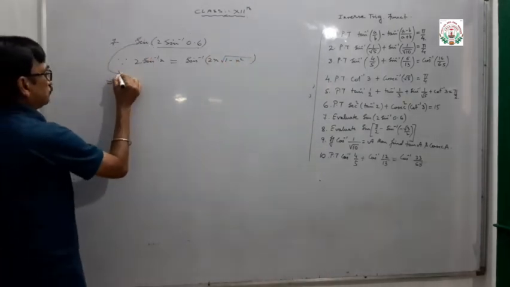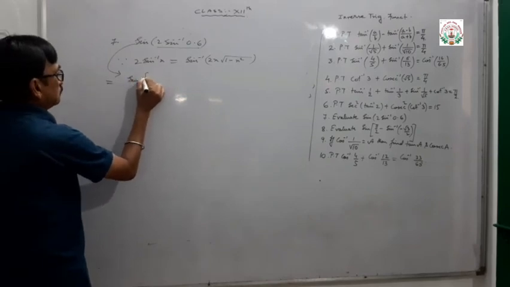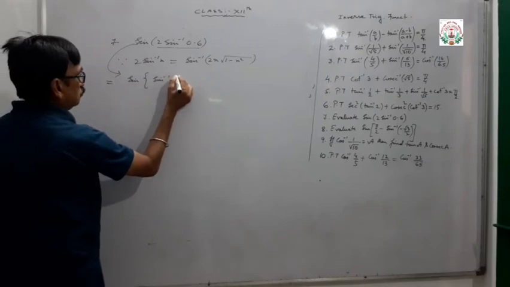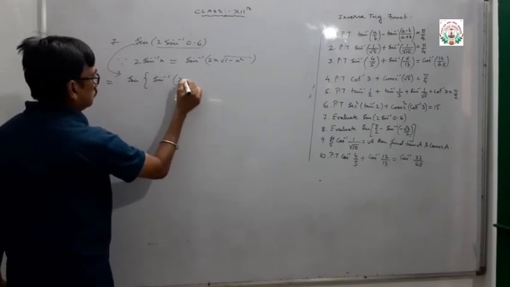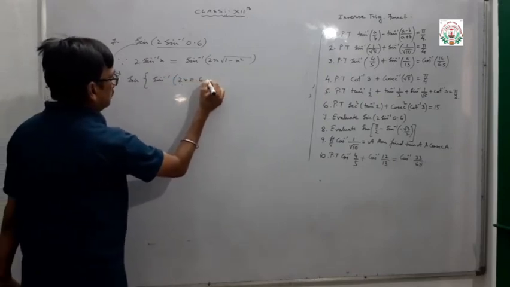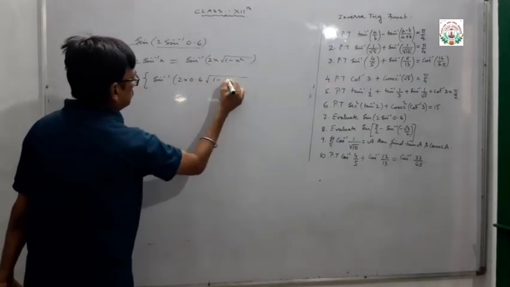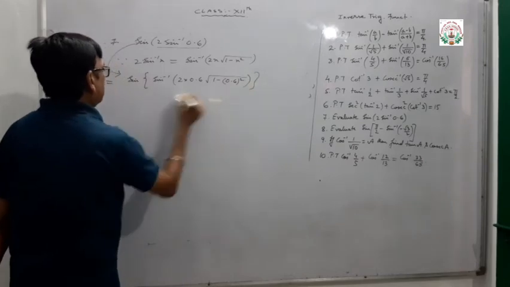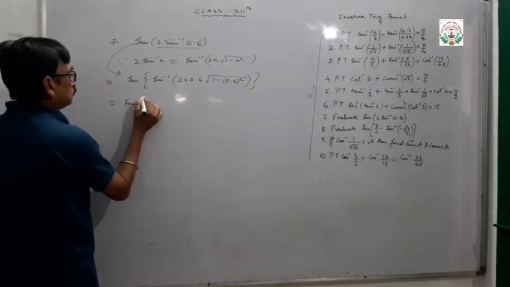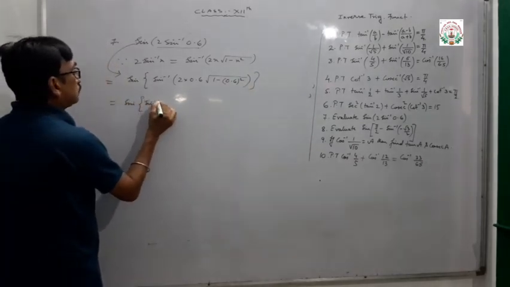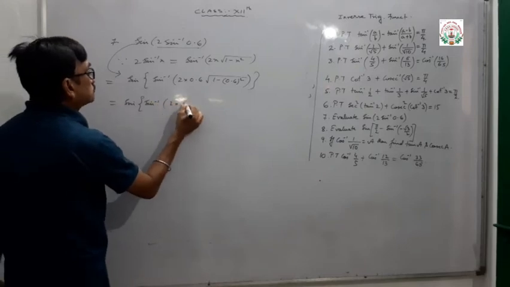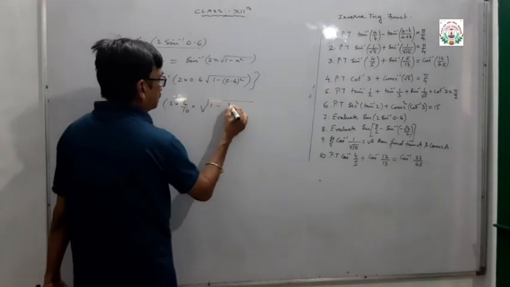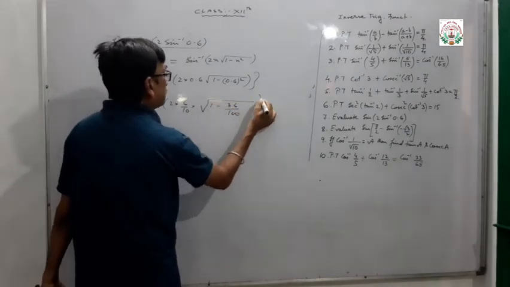So what we are writing: sine 2 sine inverse x, sine inverse 2x, 2 into 0.6 into under root 1 minus 0.6 the whole square. So this becomes sine inverse of 2 into 6 by 10 into under root over 1 minus 36 by 100.